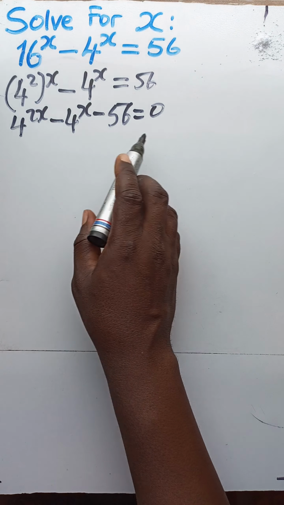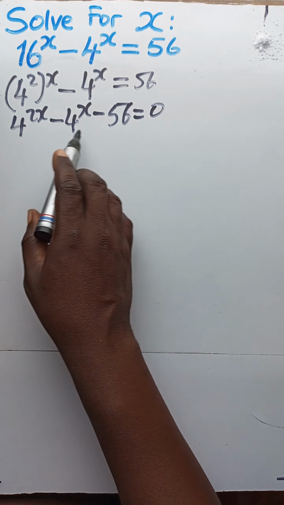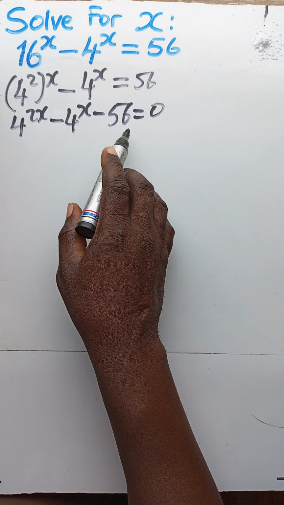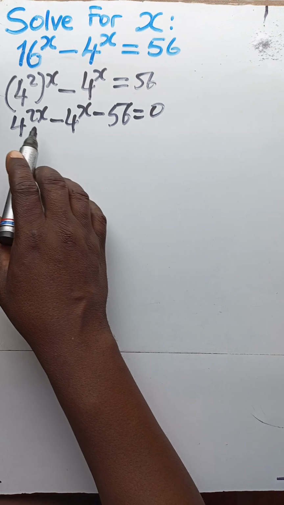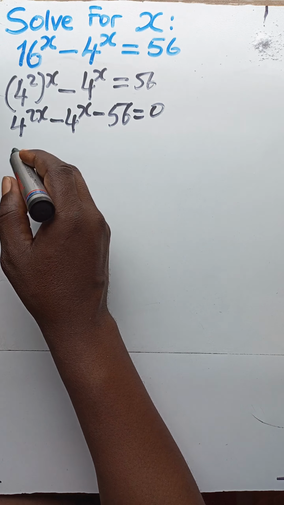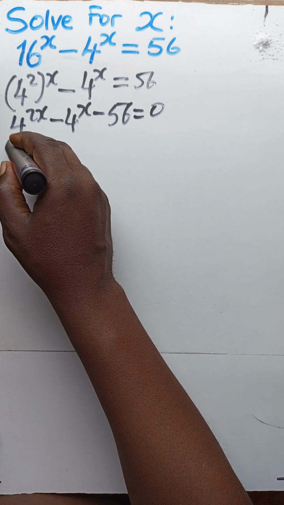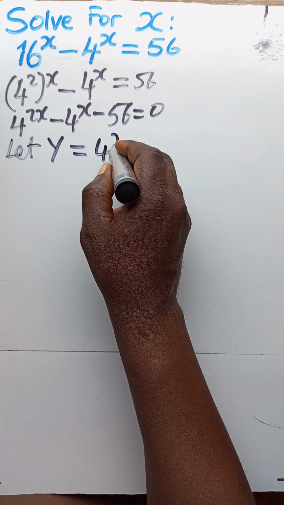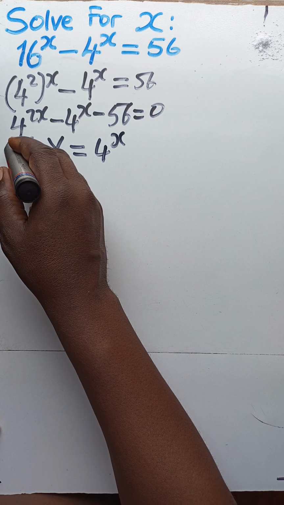Here we can see that we have a quadratic expression hiding, okay? And that will be brought out clearly if we make the substitution y equals 4 to the power x.